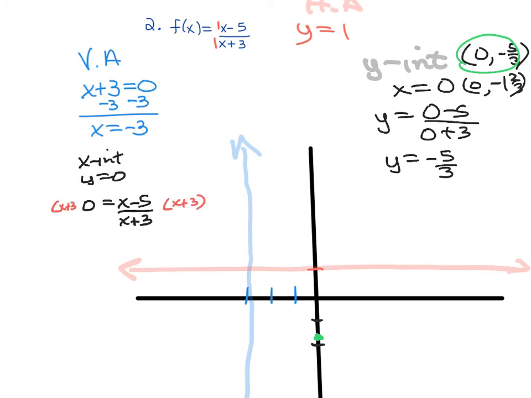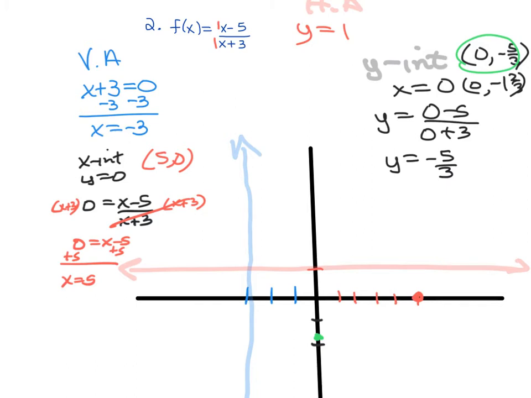So I multiply both sides by the x plus 3. 0 times anything is 0. So again, that's all I'm doing here. Is x equals 5. So the x-intercept is at 5, 0. 1, 2, 3, 4, 5. And the x-intercept would be right there.